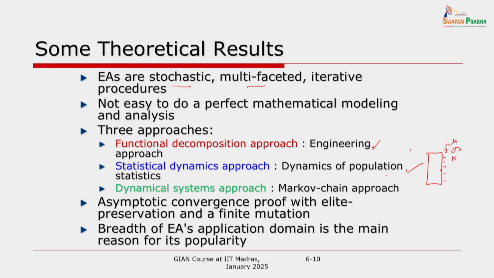But the limitations came because you need to provide a function, and they were trying to do exact formulas for these, and that was not possible if the function was too difficult. Then I got mixed up here. The dynamical systems approach is the Markov chain, but this is more like the statistics, okay? So everything here, mu as a function of iteration, starting here, if I'm maximizing, how is this growing?